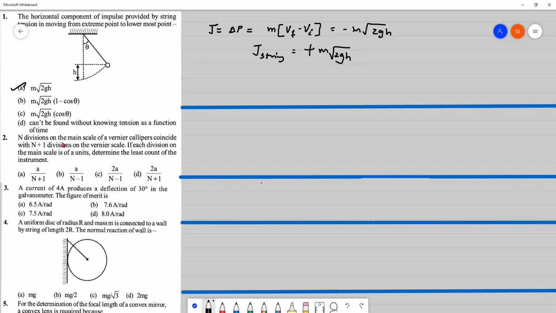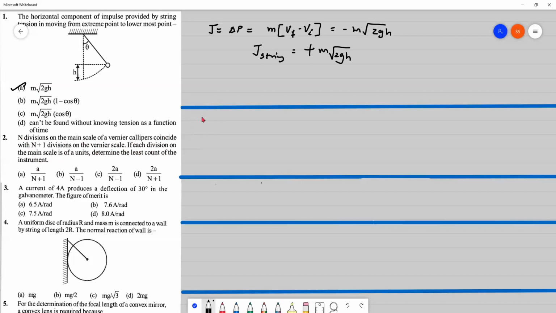Next one: n divisions of the main scale of a vernier calipers coincide with n plus 1 divisions of the vernier scale. If each division on the main scale is A units, determine the least count of the instrument.